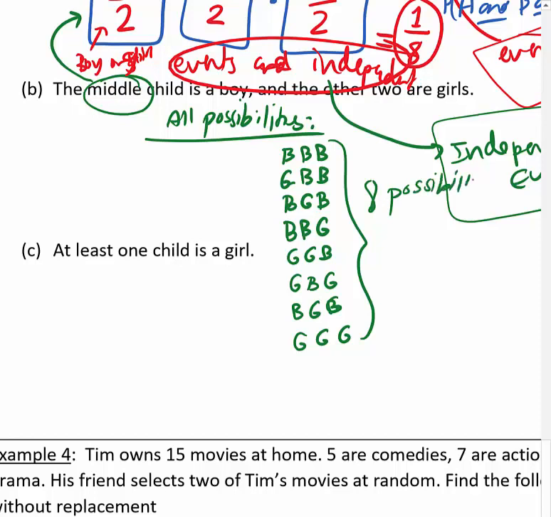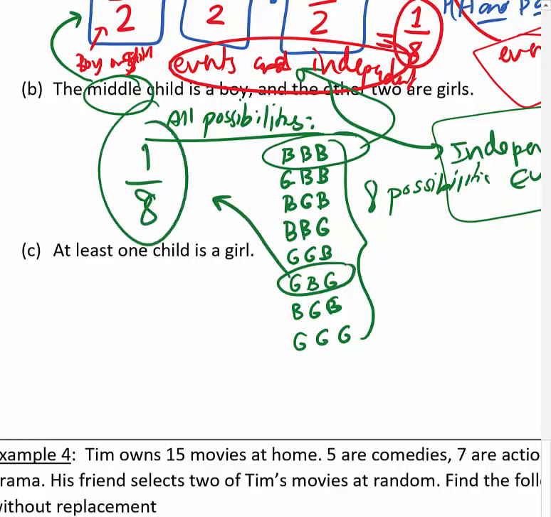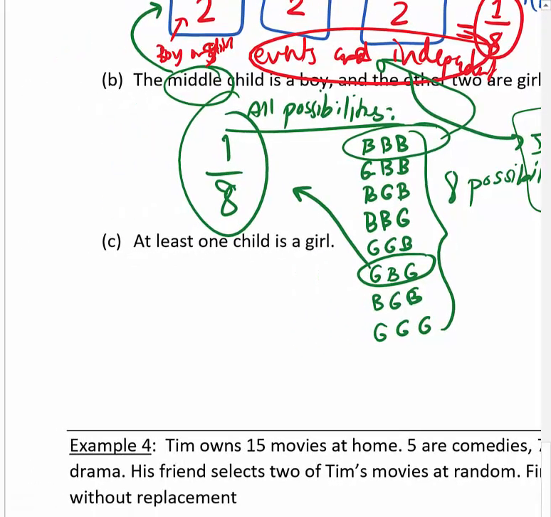And that's how we could have done part A: there's 8 possibilities and we only want 1 of those, the 3 boys, 1 out of 8. In part B, the middle child's a boy and the other 2 are girls. Where's that? That would be this one. There's only 1 out of the 8 again. And then how about at least 1 child's a girl?